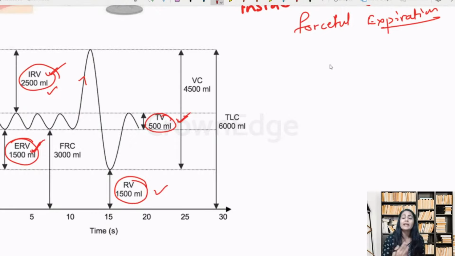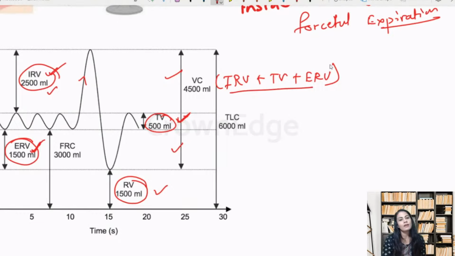What is the vital capacity? If you combine the IRV, tidal volume and ERV, so IRV plus tidal volume plus ERV, these three can be measured, right? So that's why the vital capacity can be measured also.